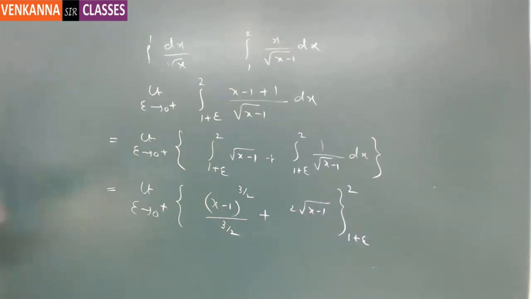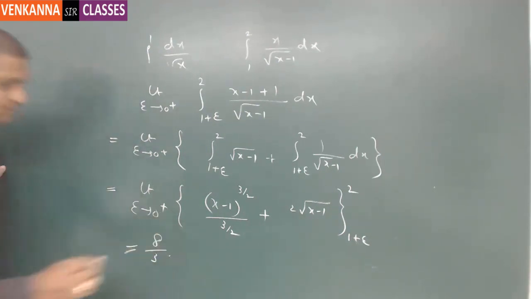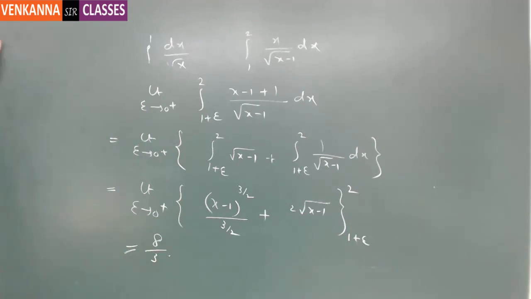So if you apply the limits, you are going to get the value as 8 by 3. Please check it and confirm to me. Since 8 by 3 is a finite value, the given integral is convergent.